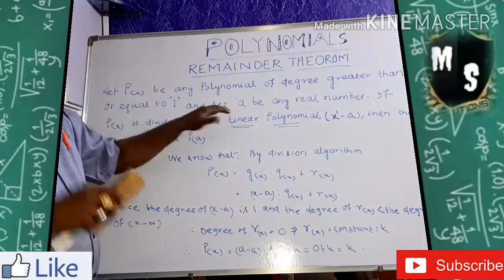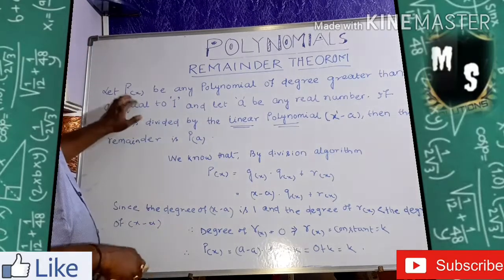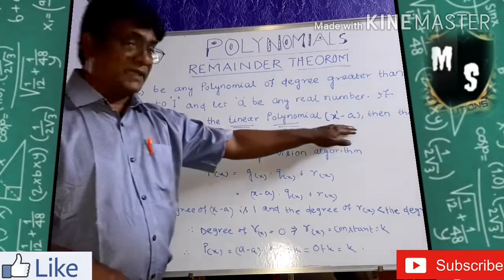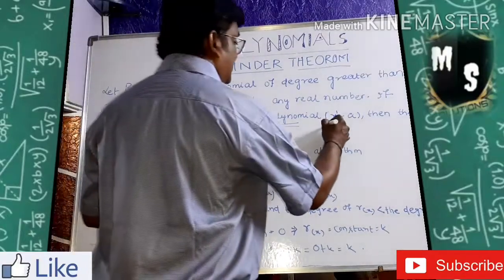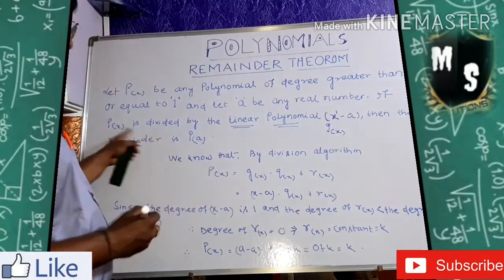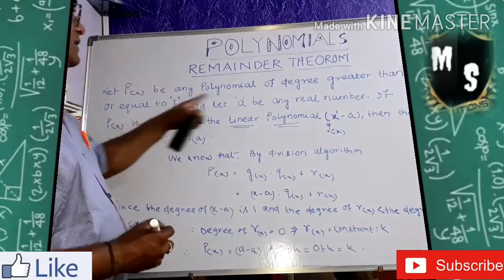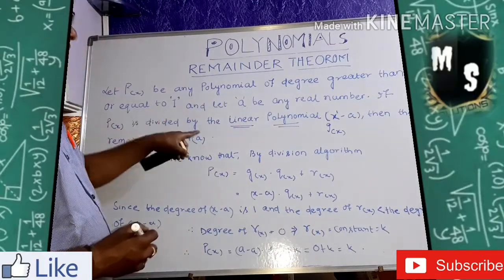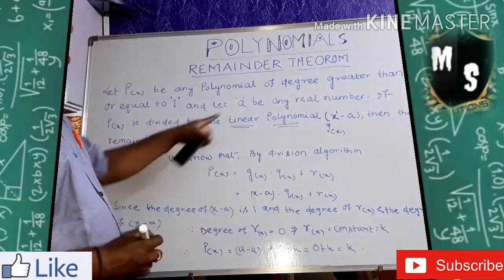And if a is any real number, then what is happening? If you are dividing this polynomial px with another polynomial, a linear polynomial x minus a, let it be gx. If you cannot understand, let us take it as gx. So when px is divided by gx, the polynomial having degree greater than or equal to 1 divided by another linear polynomial gx, then the remainder will be a real number.